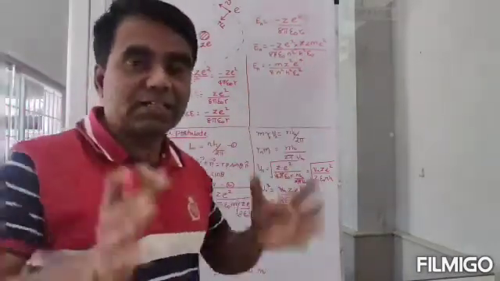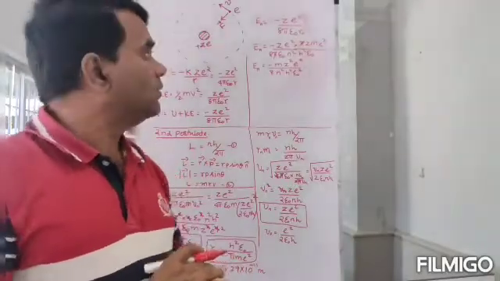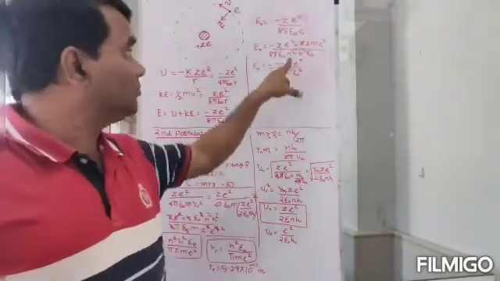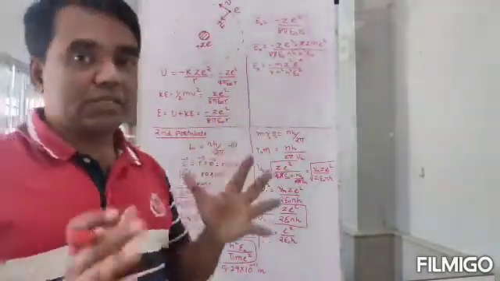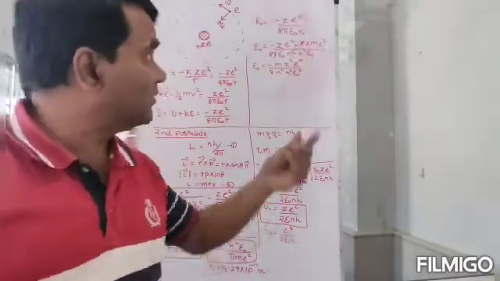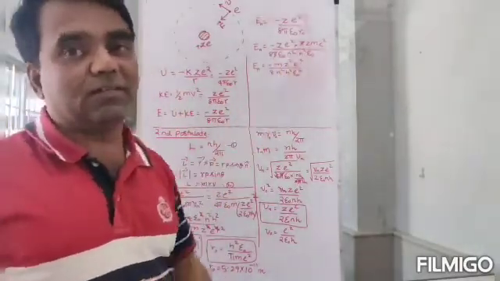This is for hydrogen-like atoms. For hydrogen, Z will become 1, and if you're talking about the unexcited state, then n will become 1, then you can calculate it.